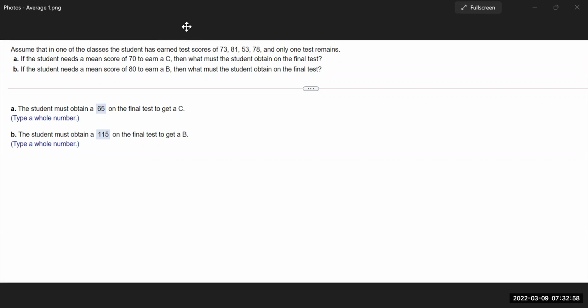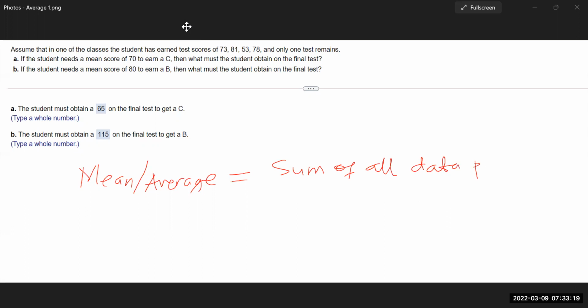Now, to do this problem, you have to use the definition for a mean or the average. So don't forget, to find the mean or the average, how do you do that? It's the sum of all data points divided by the number of data points.